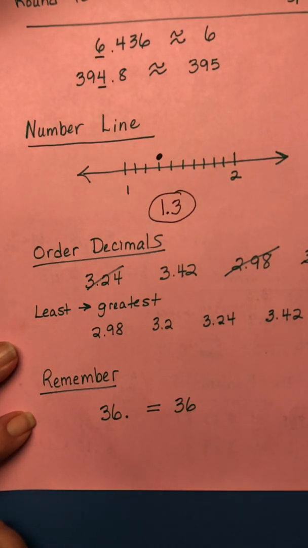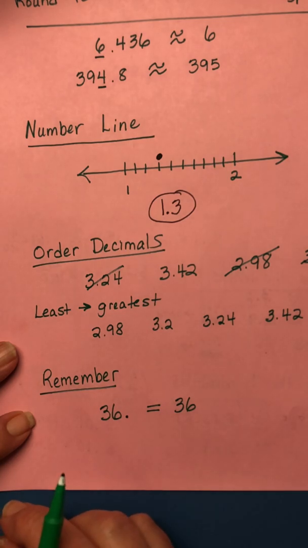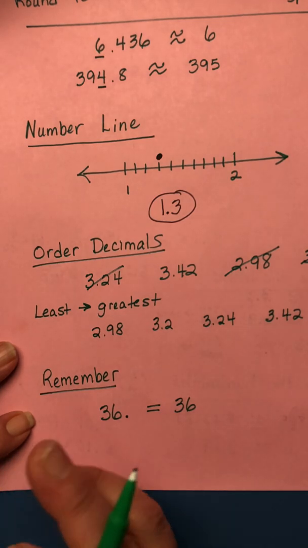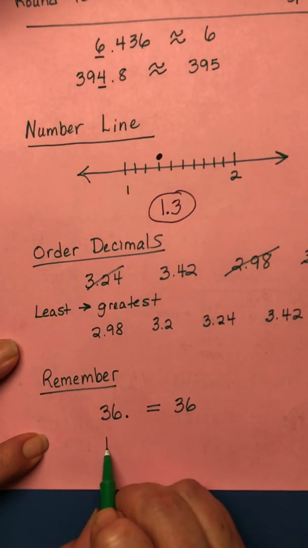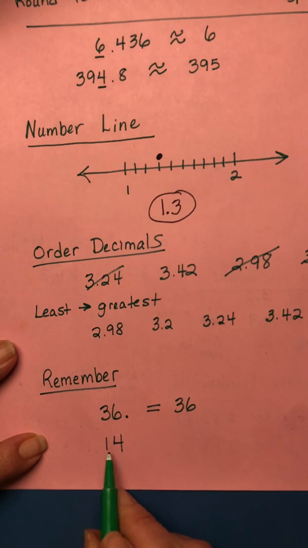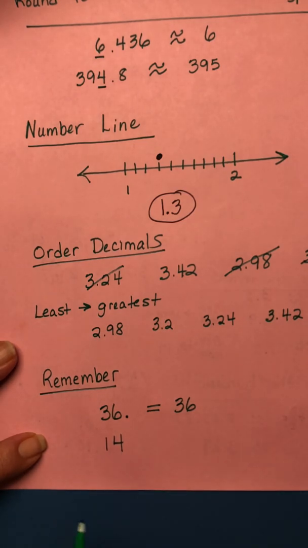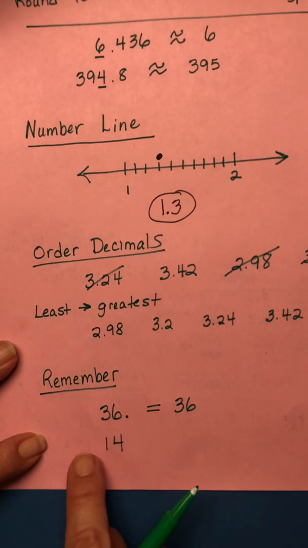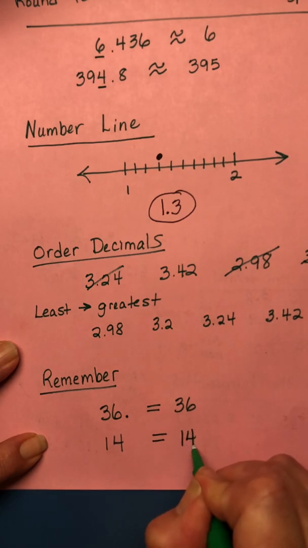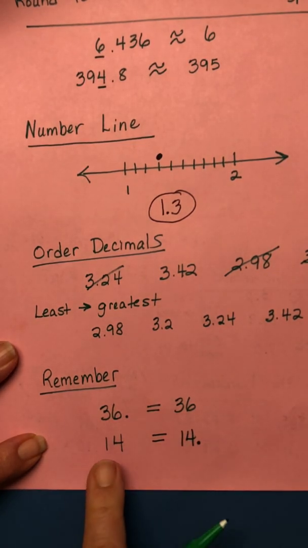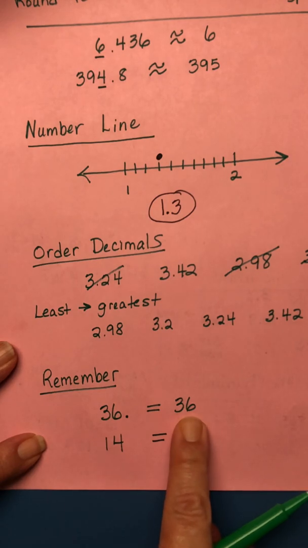When you were in 2nd grade and you got a math worksheet and it said 12 plus 6, did they say 12 decimal plus 6 decimal? No, because they were whole numbers. You didn't need those decimals, okay? Same thing if you have a number and there's no decimal, and this is what's going to happen Wednesday. There's no decimal, and I say you need to add a decimal. Where does that decimal go? It always goes to the end, okay? These mean the same. These mean the same.